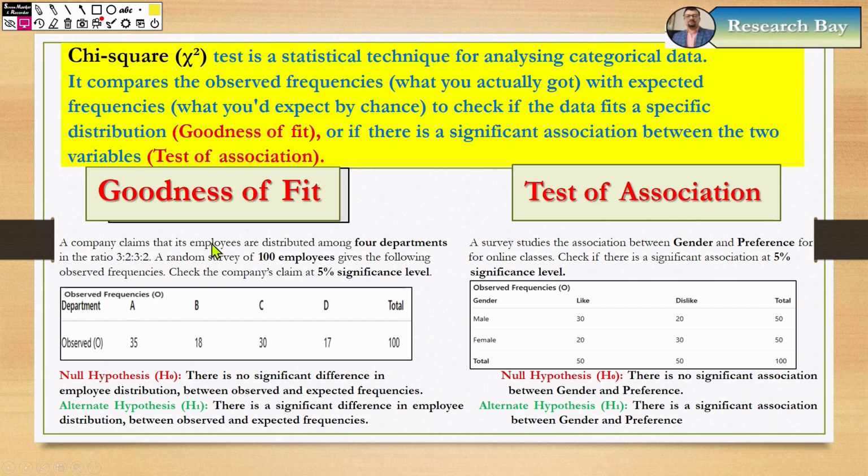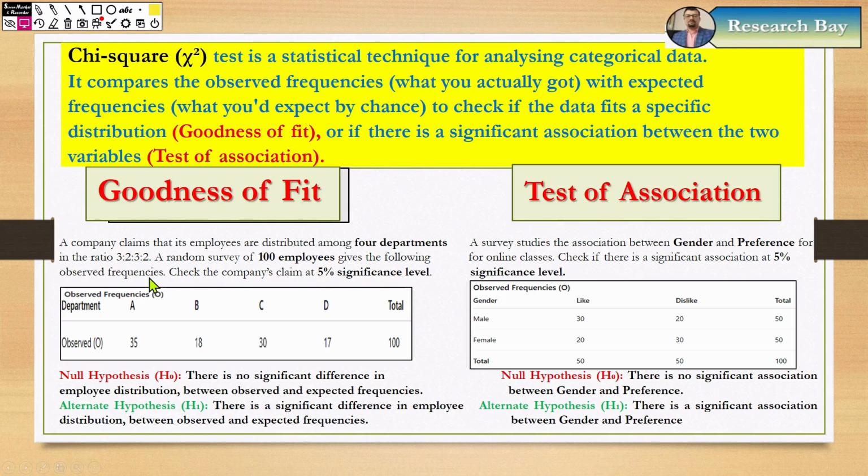A company claims that its employees are distributed among 4 departments in the ratio 3:2:3:2. So this is the ratio of the number of employees distributed in the 4 departments, right? A random survey of 100 employees gives the following observed frequencies.